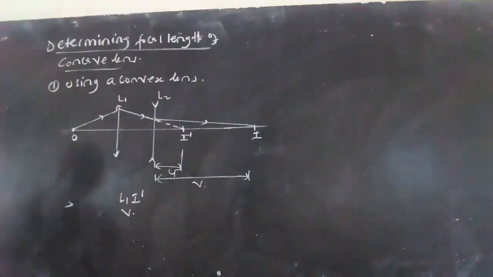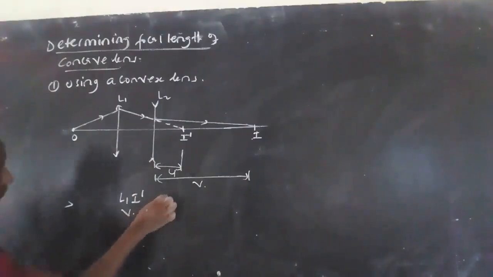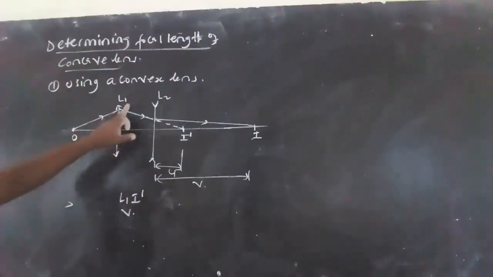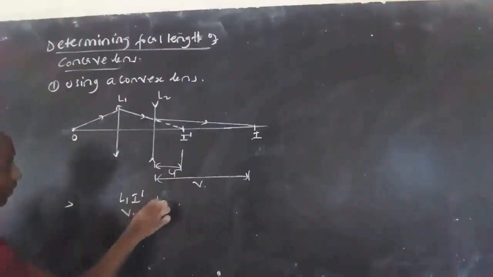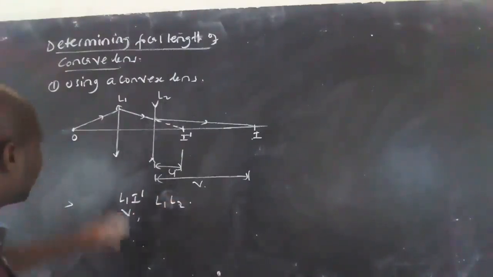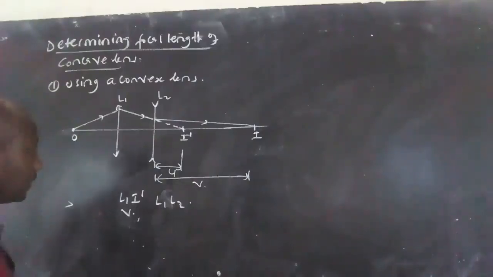Then we need to get U. Another thing is the separation L1 L2, which is measured and recorded.